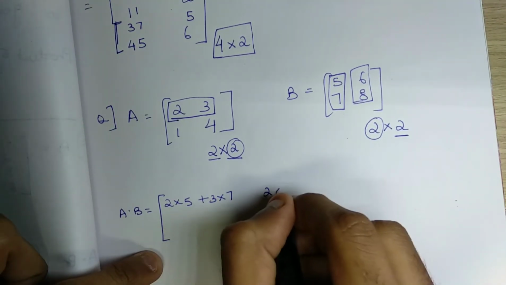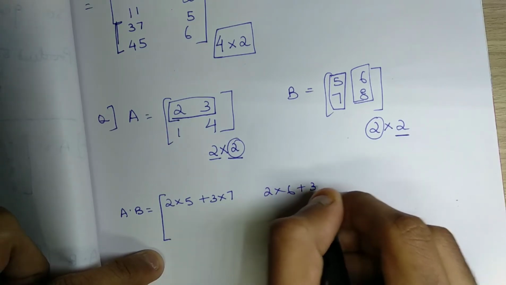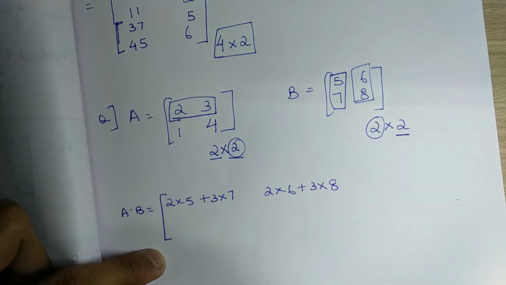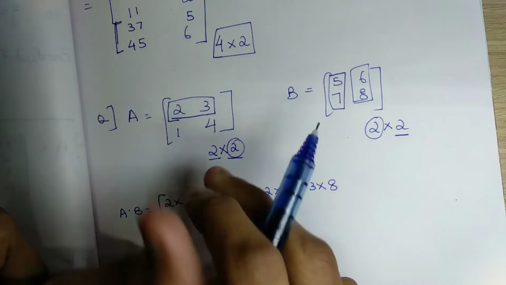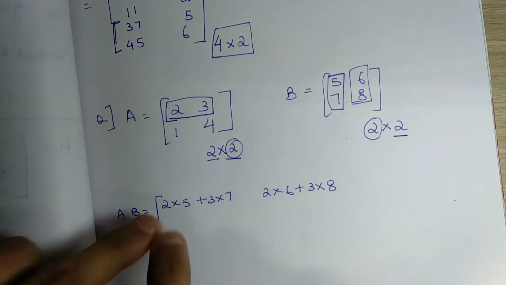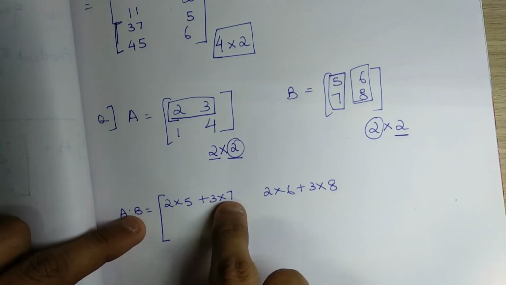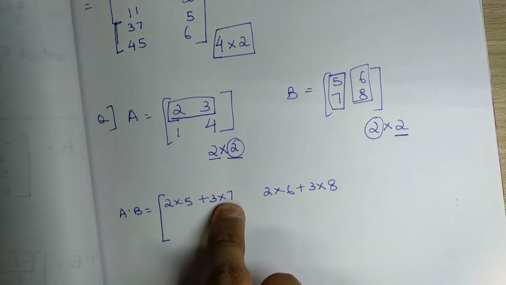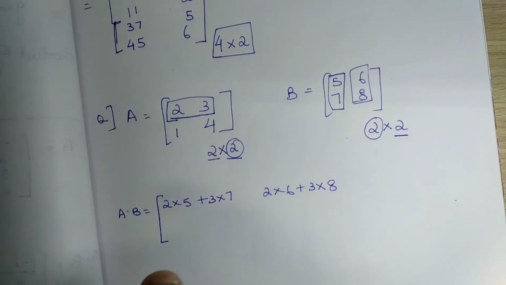So repeat the same step, and the main thing, we add the results. After multiplying the individual elements along the rows of matrix A with the corresponding elements of the column of matrix B, we add the results.